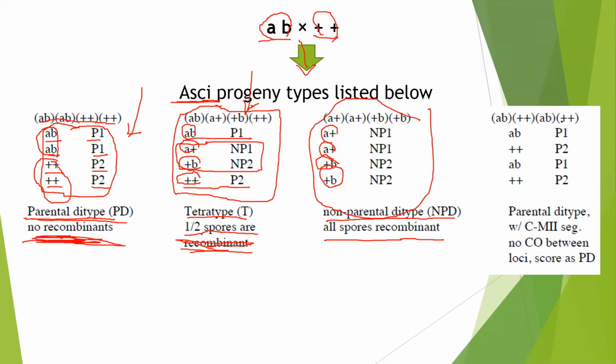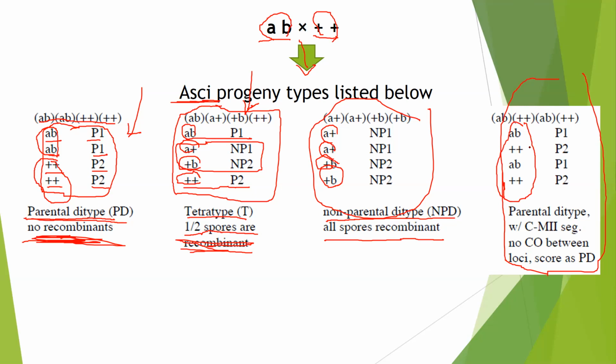Okay. The last one here. Although a crossing over occurred, as you can see, because of the nice feature of Neurospora, the resultant spores are held together nicely in a linear fashion. So definitely you're going to see a change, but this change will not affect the relationship between these 2 genes.